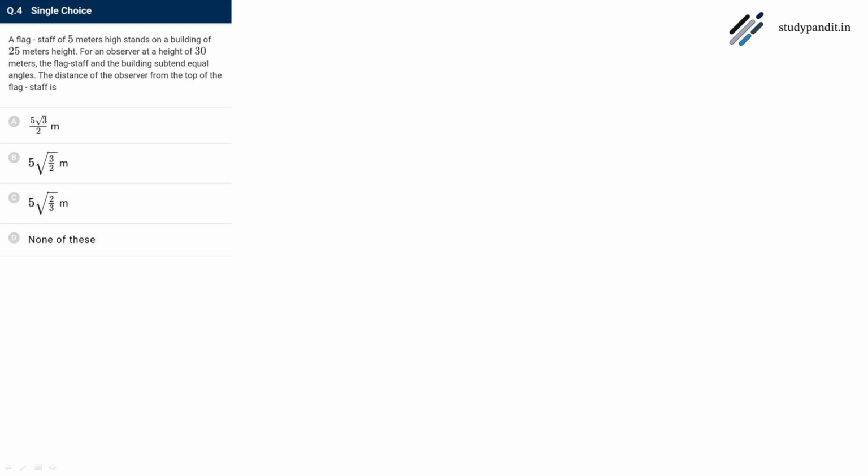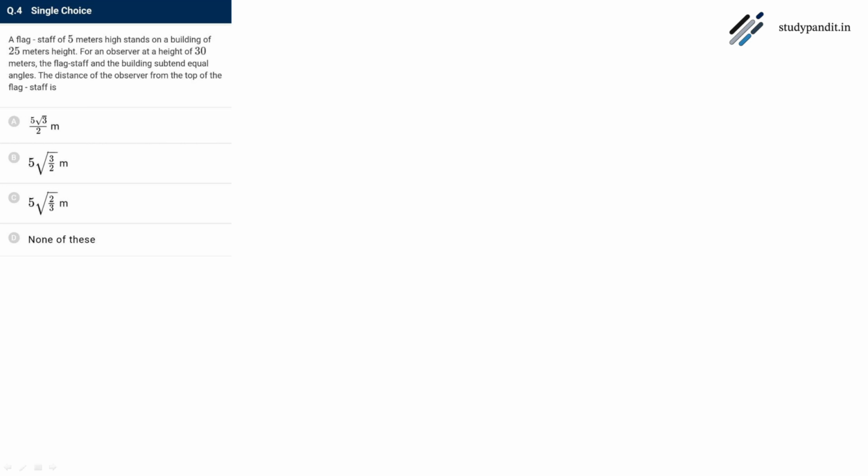So fourth question here is a flag staff of 5-meter high stands on a building of 25 meters high. For an observer at the height of 30 meters, the flag staff and the building subtend equal angles.